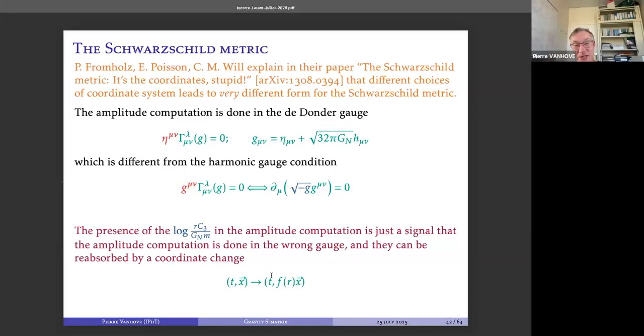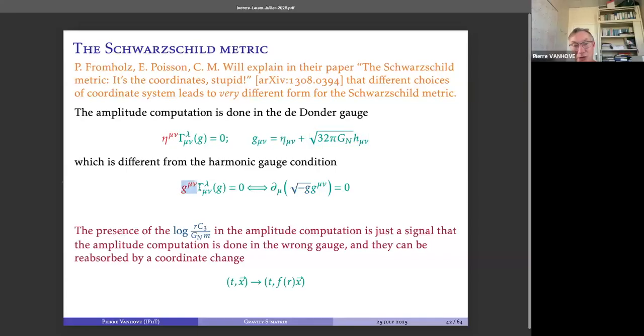So there's still a possibility of changing x, the spatial part, by multiplying by a function of r. And this function can depend on G Newton. So that means it's changed to all orders. It's precisely changed to all orders because if you impose the harmonic gauge condition, g mu nu is the inverse of this, right?